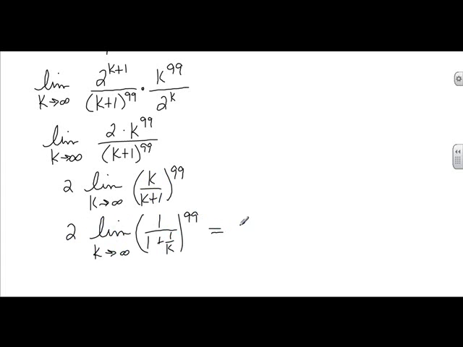If I take the limit as k approaches infinity, this fraction is going to go to 0, which leaves me 1 over 1, and then that's raised to the 99th power. So we get a value of 2 for R. 2 is most definitely greater than 1. So this series diverges.